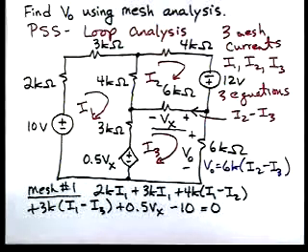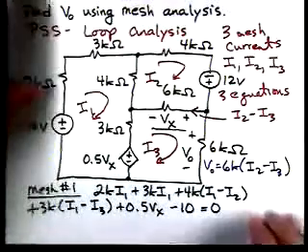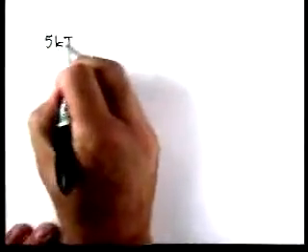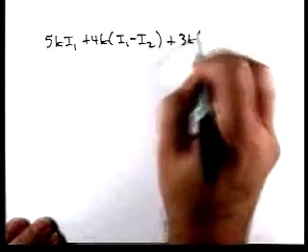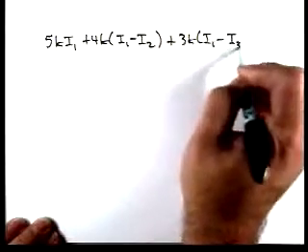So let's go ahead and make that substitution and eliminate Vx from the problem. If we collect some terms, we'll have 5K I1 plus 4K times I1 minus I2 plus 3K times I1 minus I3.